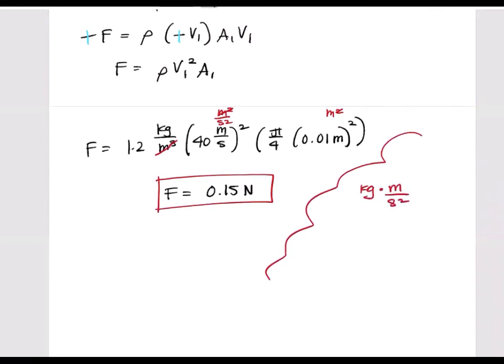And so again, from Newton's second law, force is mass multiplied by acceleration. We have a Newton is equal to kilograms meters per second squared. So similar to what we did with the last example, 1 Newton is equivalent to 1 kilogram multiplied by a meter divided by a second squared. So that's how we get our Newton, and that's how we have our resulting force, okay?